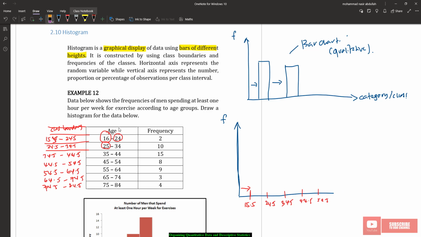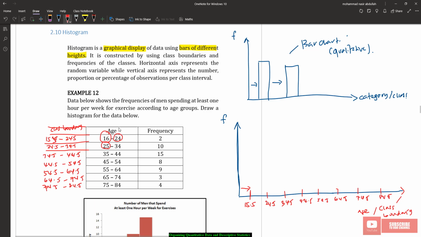We do it until the end, otherwise it will be confusing. Right. So this is 54.5, and then 64.5, 74.5, 84.5. So this represents class boundary, or here we can say age, right? The value, and this is a frequency, meaning the students, right?